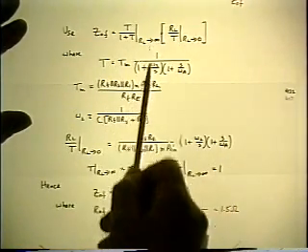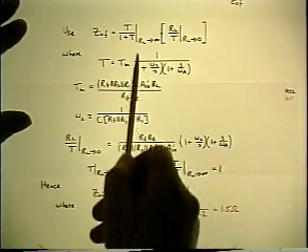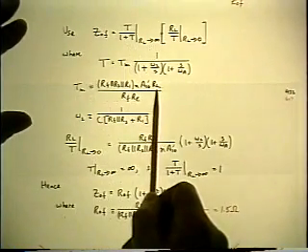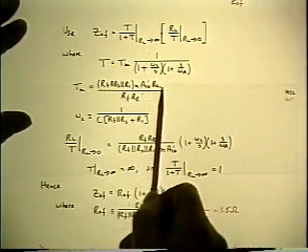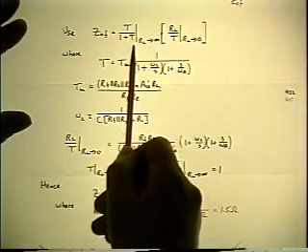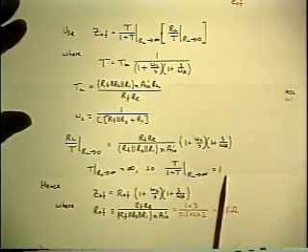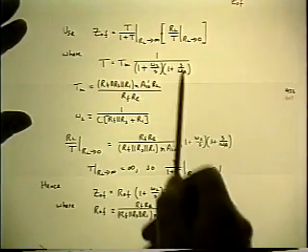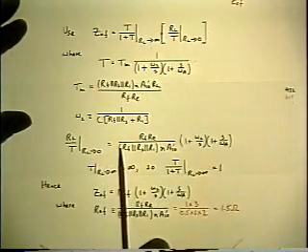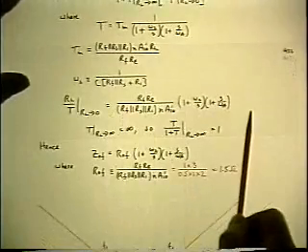T over 1 plus T as RL goes to infinity. Again, the Tm is directly proportional to RL, so if you let RL go to infinity, T goes to infinity, and that factor goes to 1. So the square bracket we already calculated is everything that's left.